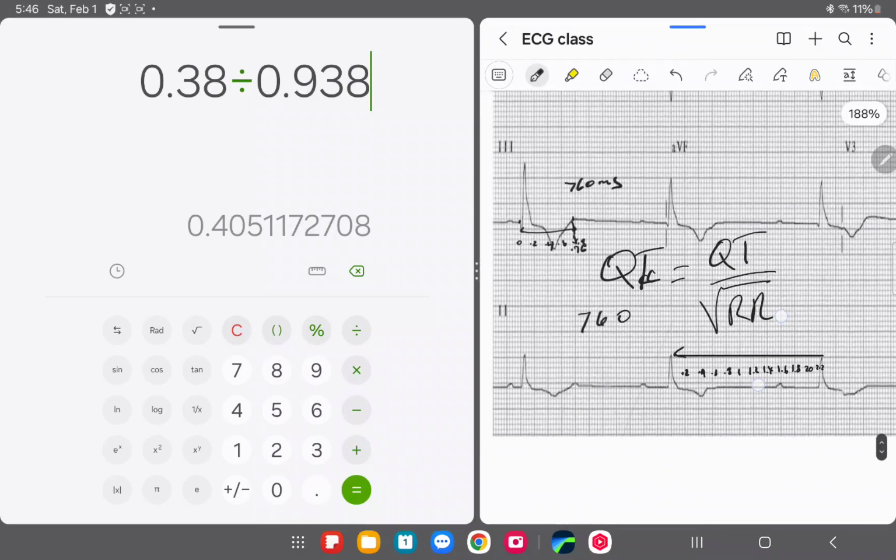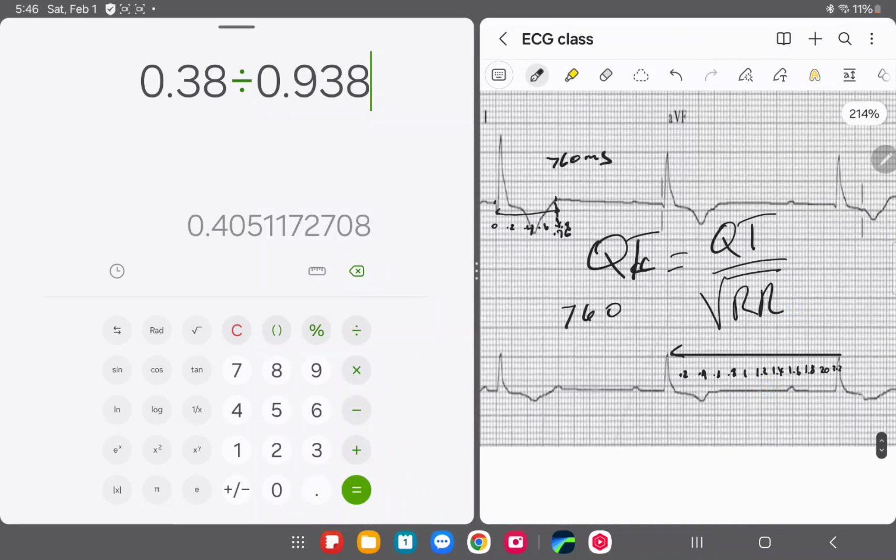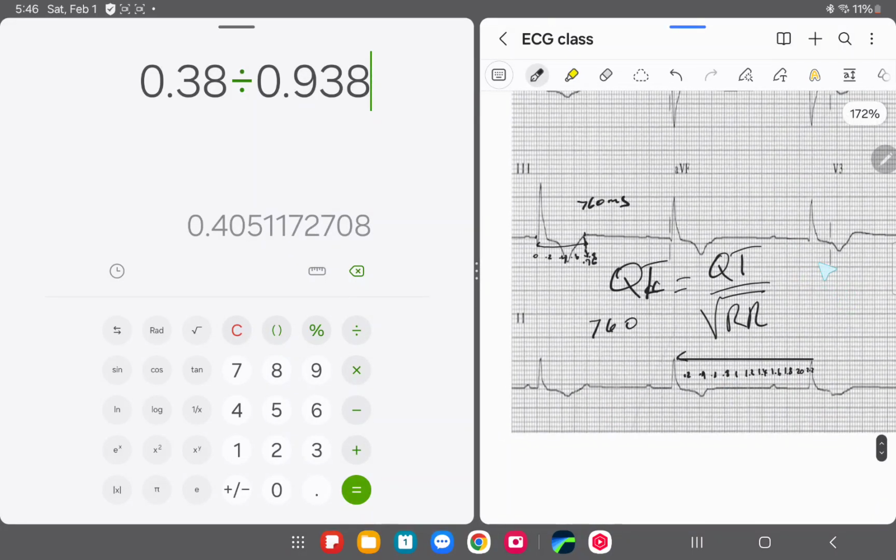So therefore the corrected QT would be equal to 0.760 over the square root of 2.2.